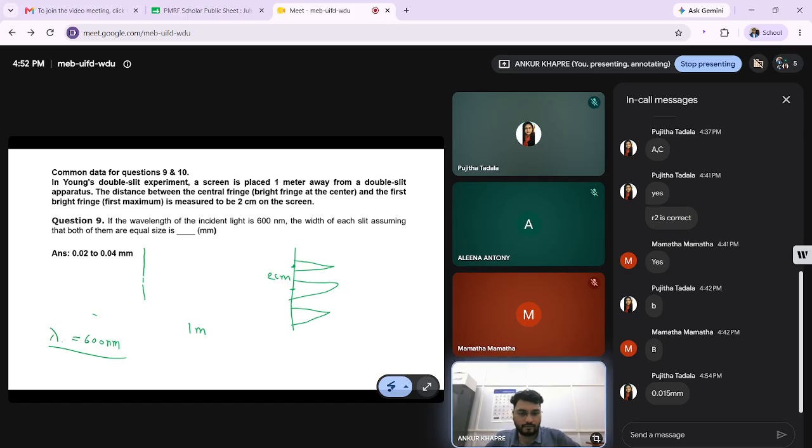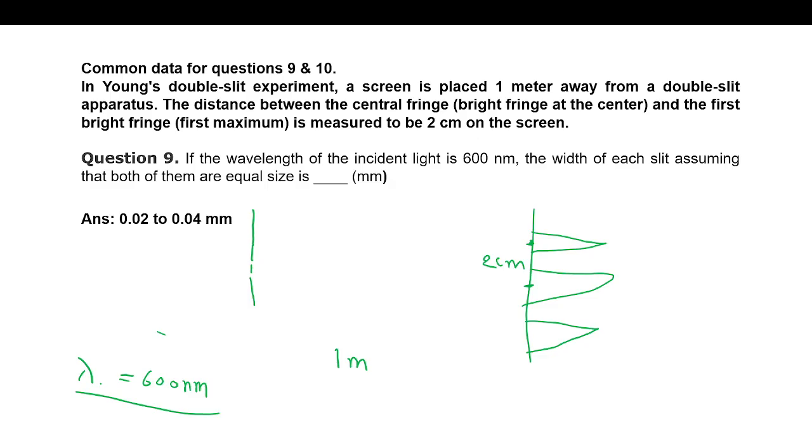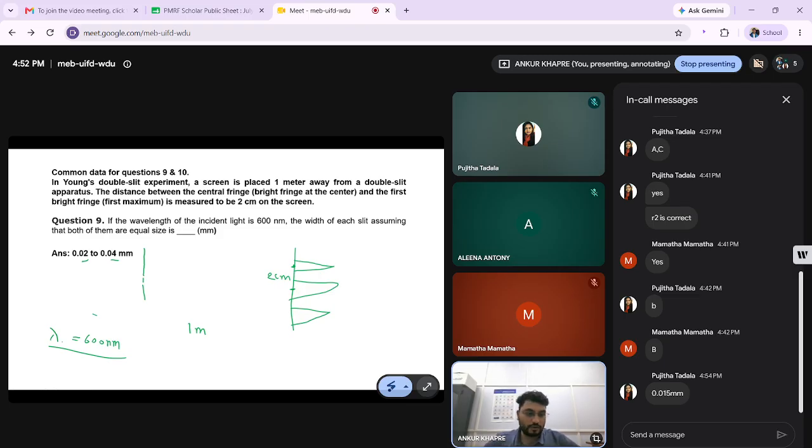Anything you want to say? The answer will be between 0.02 to 0.04. Now you check once. Yours is a little bit less. So the numerical question will give a window, 0.02 to 0.04. Could you please try now again?